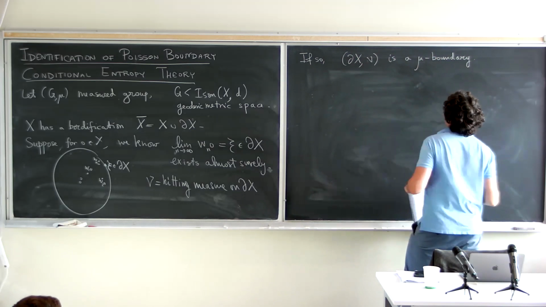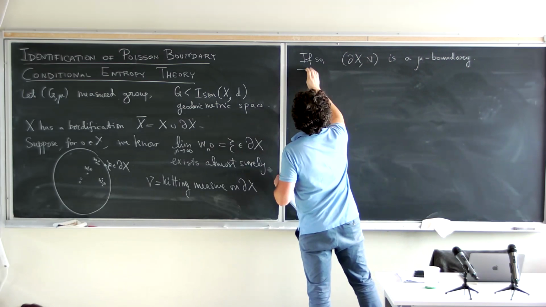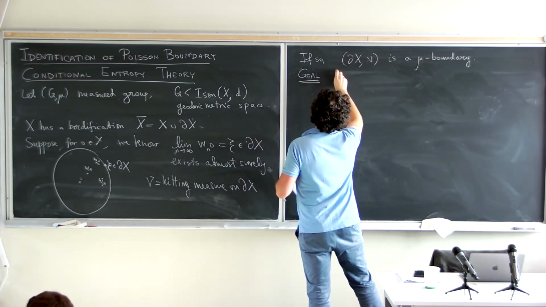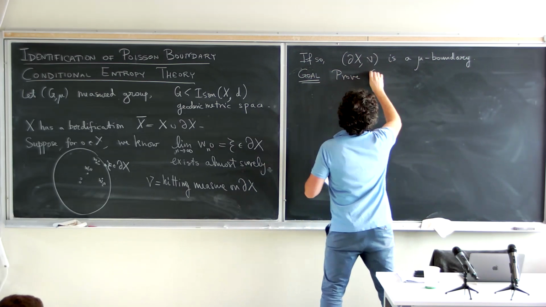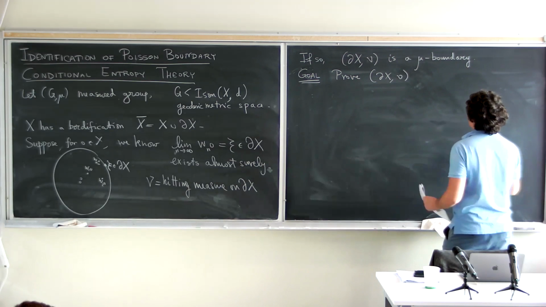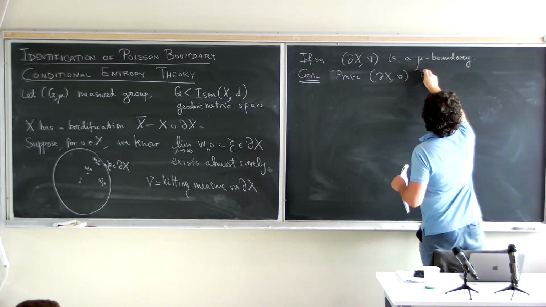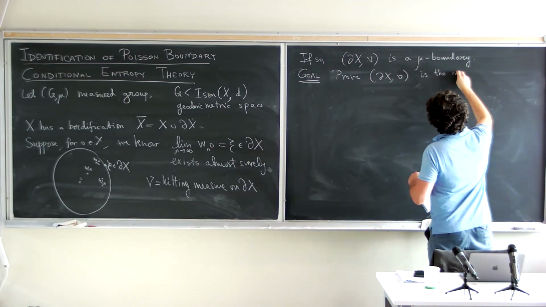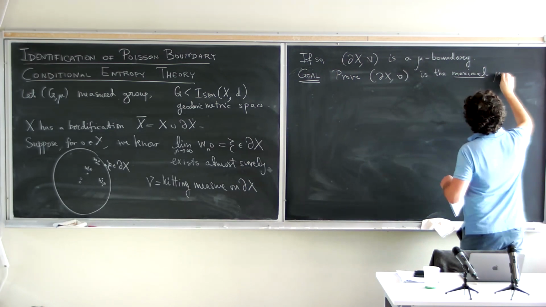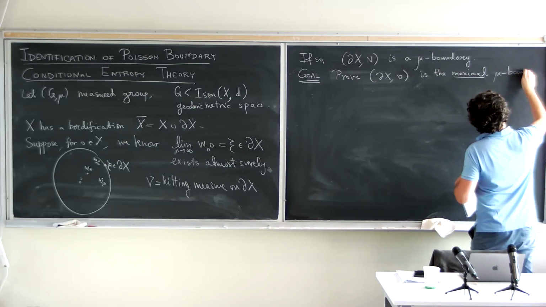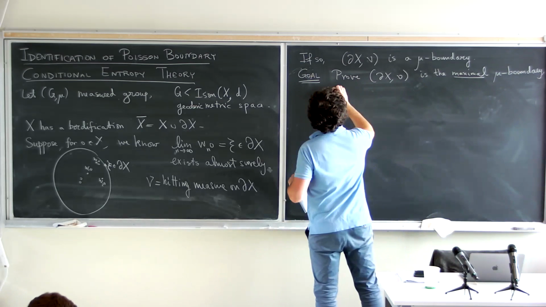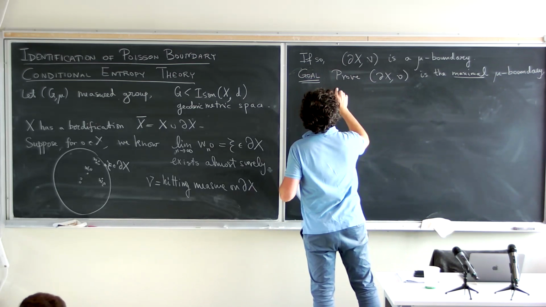This is already proved. And so the final goal is to prove that the boundary of X with this hitting measure is not just a mu boundary, but is the maximal mu boundary, hence it is a Poisson boundary.